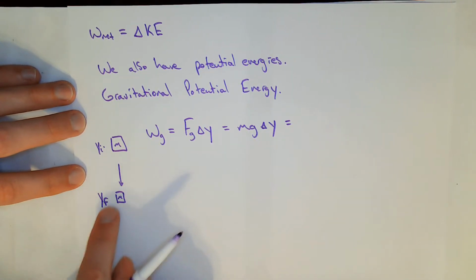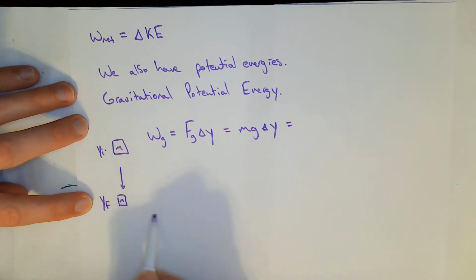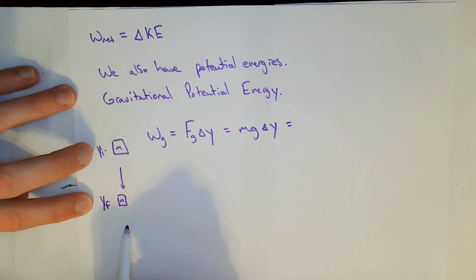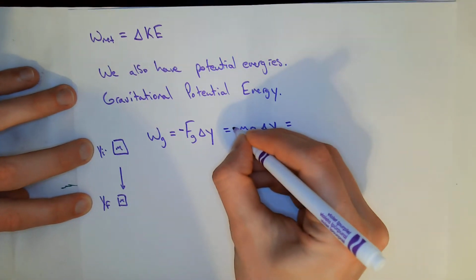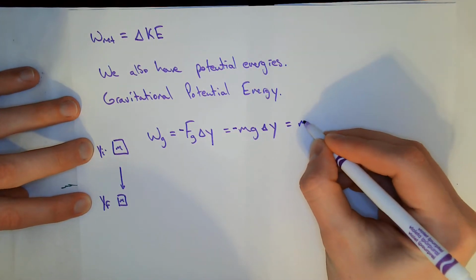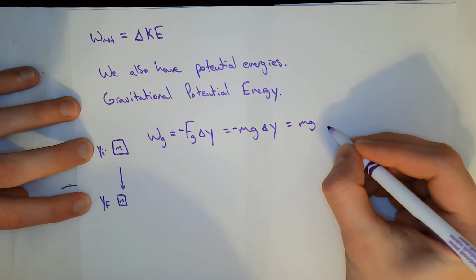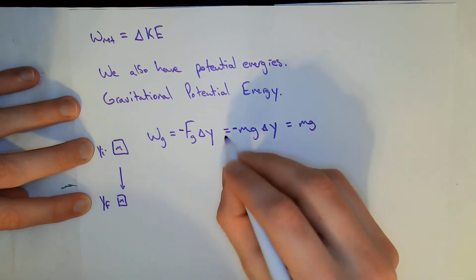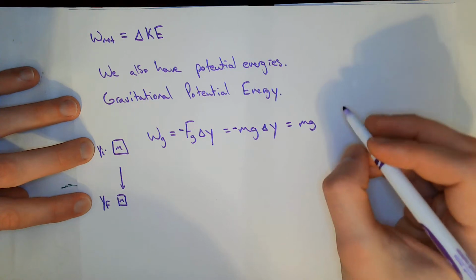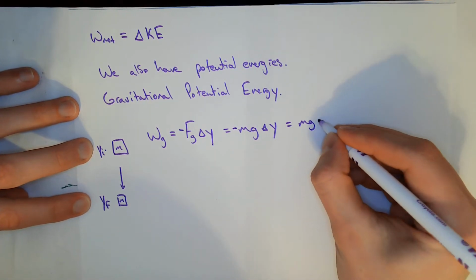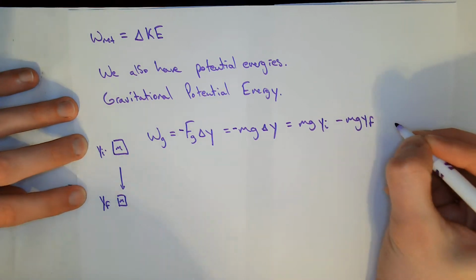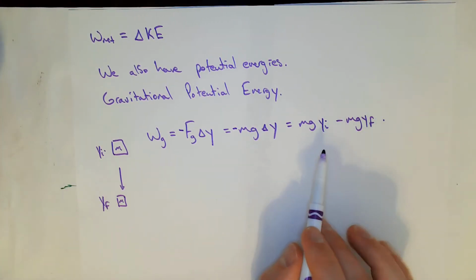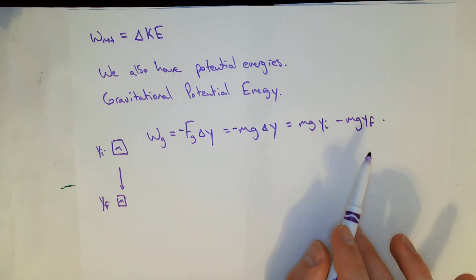So I'm going to add a negative here and a negative here, and when I expand this, instead of y final minus y initial, it's going to be mg y initial minus mg y final.